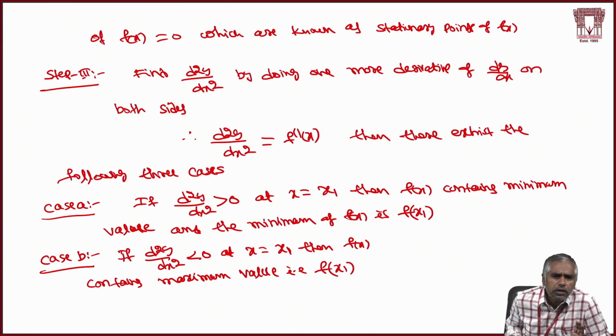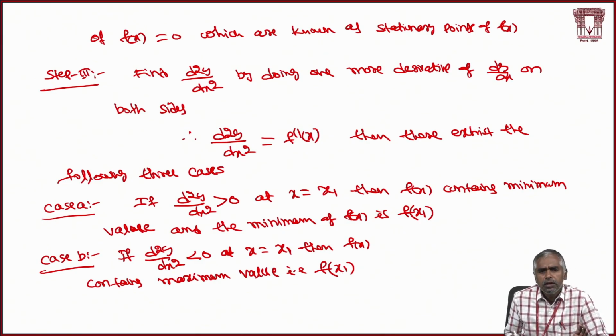So according to case B, if d square y by dx square is less than 0 at the same stationary point x equal to x1, then we can conclude f of x contains maximum value, that is f of x1.